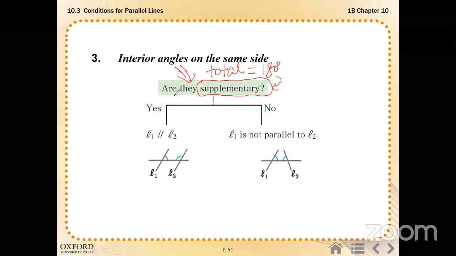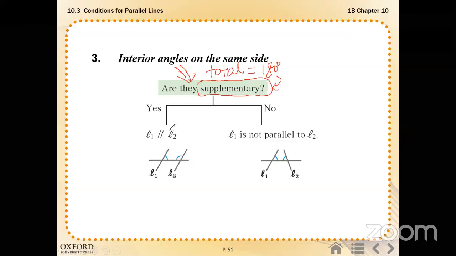If I add the interior angles together, the total is 180 degrees, and in the word, we say that supplementary.